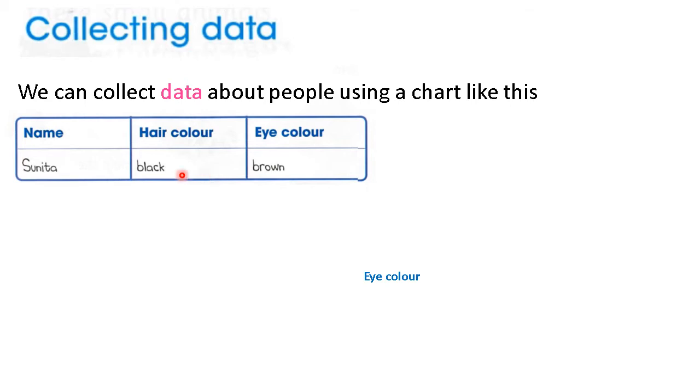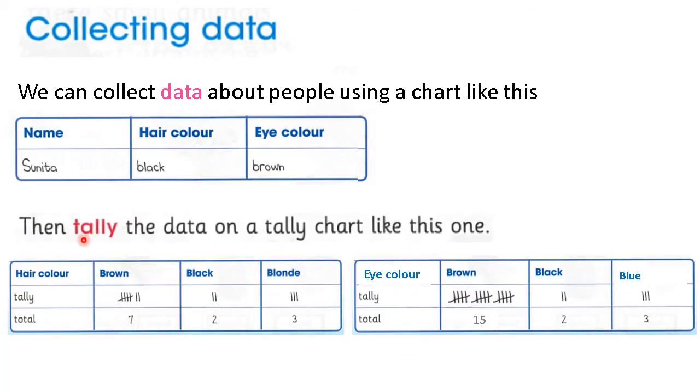If we want to know how many people have brown hair or brown eyes, we need to count, and the tally chart is the best way to do this. Tally means to count or keep count using vertical sticks.